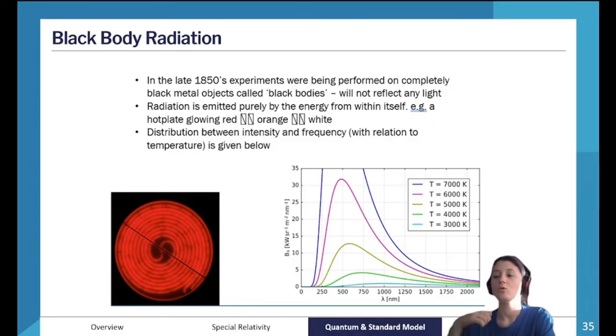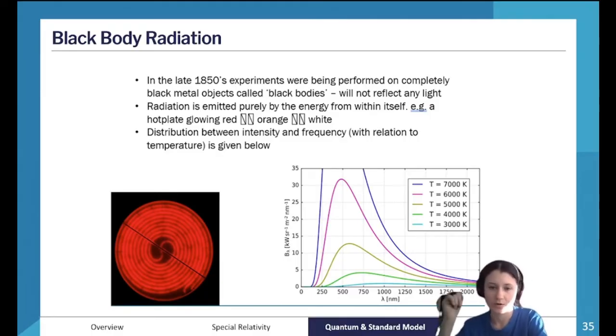So, all these different colors of curves correlate to the different temperature of the black body. All right. So obviously, the greater the temperature, the more energy is being emitted. So that's that big purple curve that we don't even see the top of.